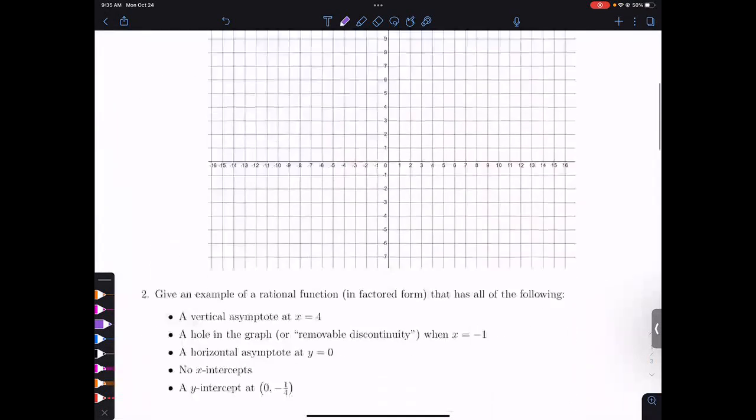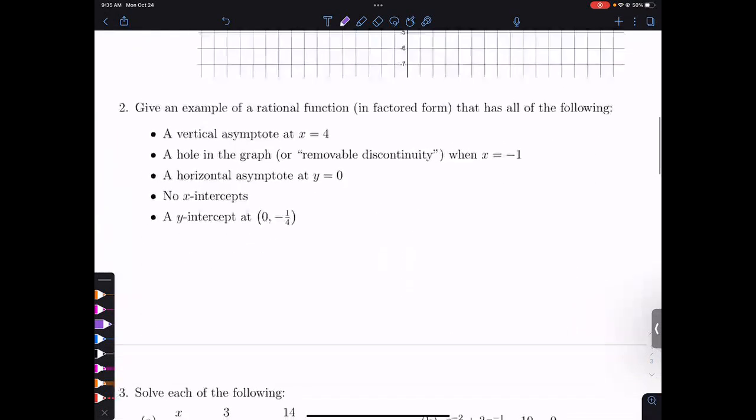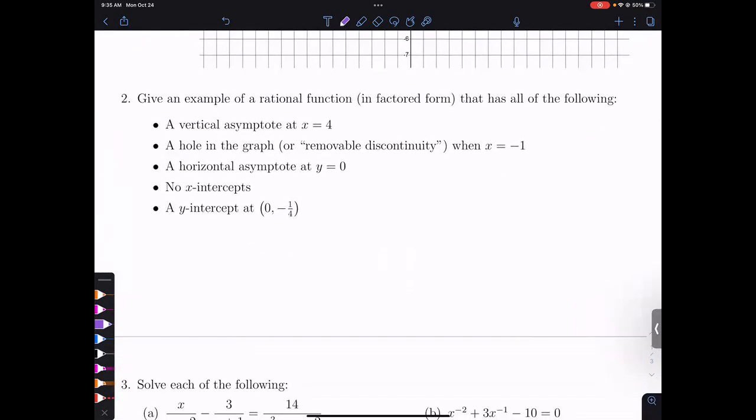Okay. Here, because I think this is probably more likely to have given you a little bit of trouble, we're working the other way, right? For this kind of thing, I would encourage you to think about basically undoing all the stuff you did on number 1, working backwards. If there's a vertical asymptote at x equals 4, what does that tell you?